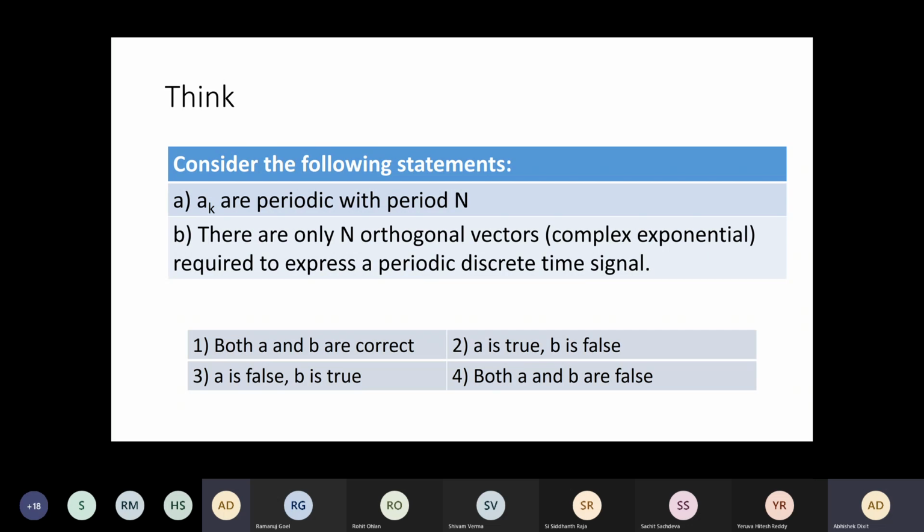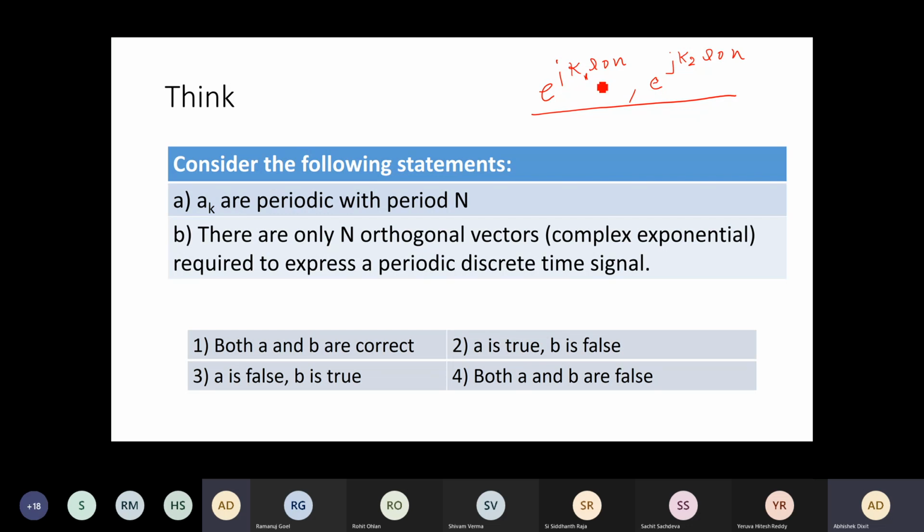Why? Because between 0 to 2 pi, if the difference between two vectors' frequency is omega naught, then you will have N orthogonal vectors. You can also prove, I have not proven this, that e to the power j k1 omega naught n and e to the power j k2 omega naught n are orthogonal if k1 is different from k2.